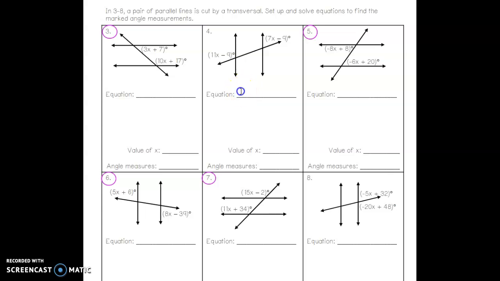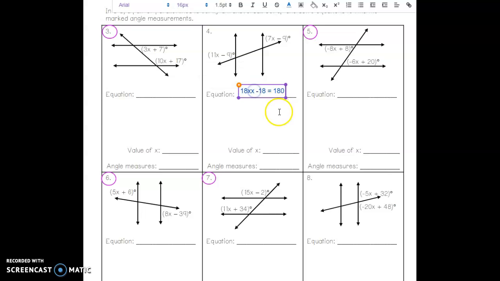So I need to identify the angle relationship in number 4. They are same side exterior angles. Therefore, I am going to write the expression 18x subtract 18 equals 180 degrees. Here's how we got that.